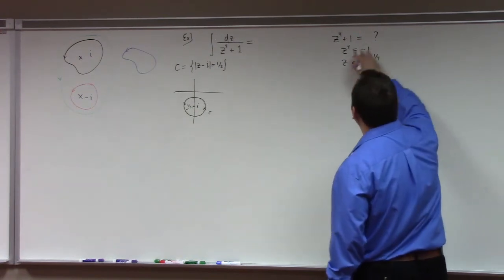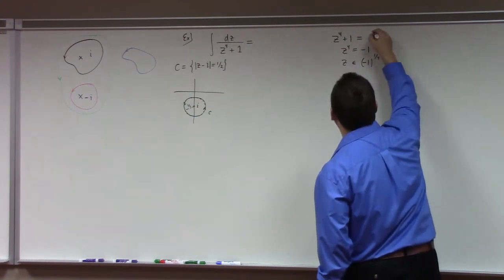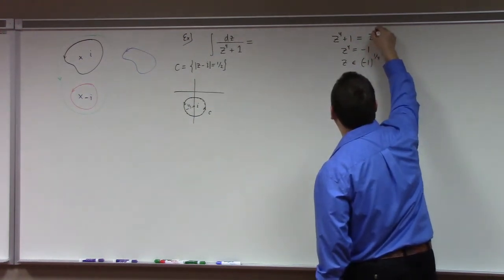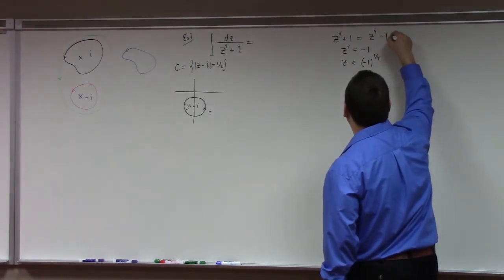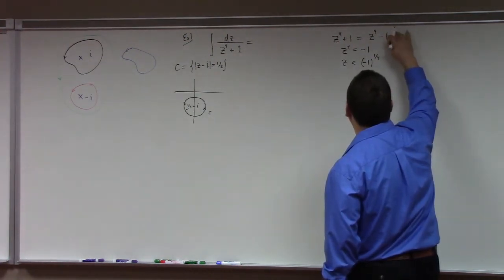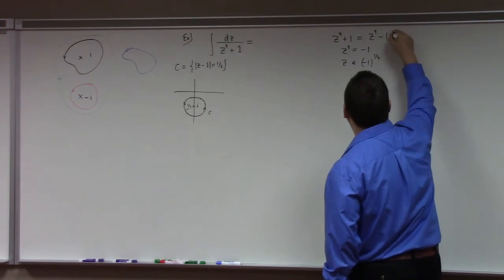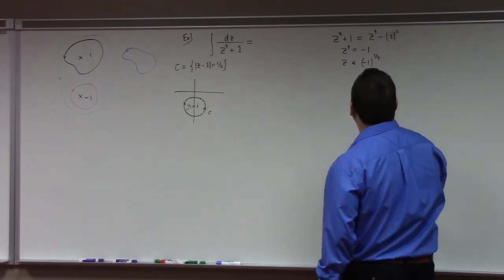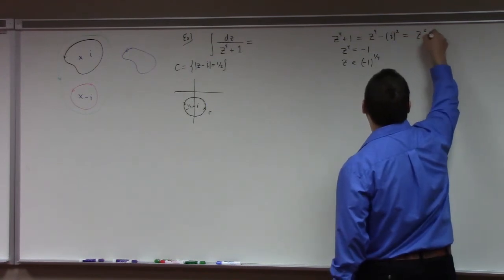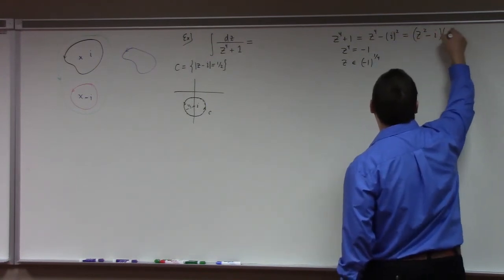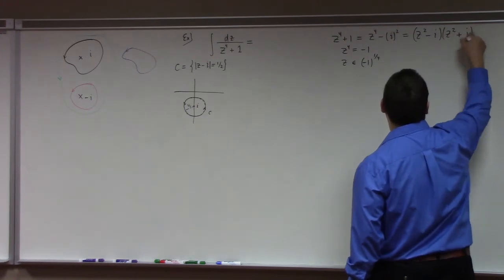Yeah, maybe we can be lazier, right? This is actually z to the 4th minus i squared? No, minus 1 is i squared, right? Which is what? z squared minus i, z squared plus i.